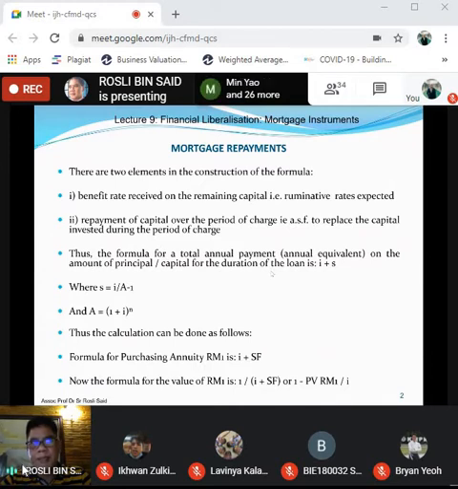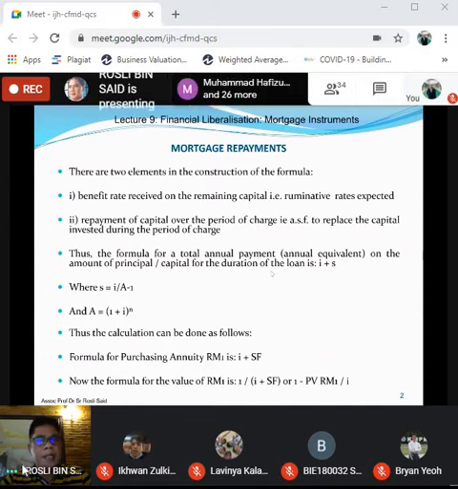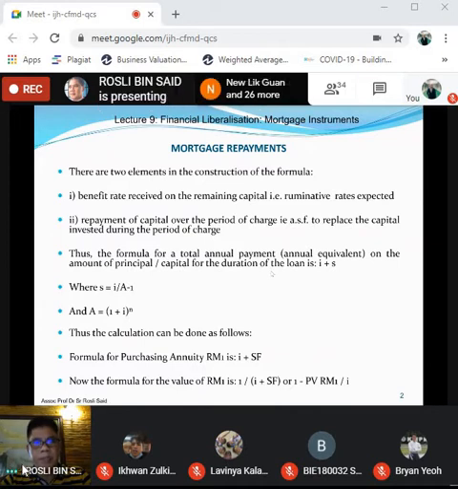The benefit rate received, we must pay either the interest or profit, and then the repayment of capital over the period of charge. If you borrow 200,000, that means we have to pay back 200,000, not even a single cent less.